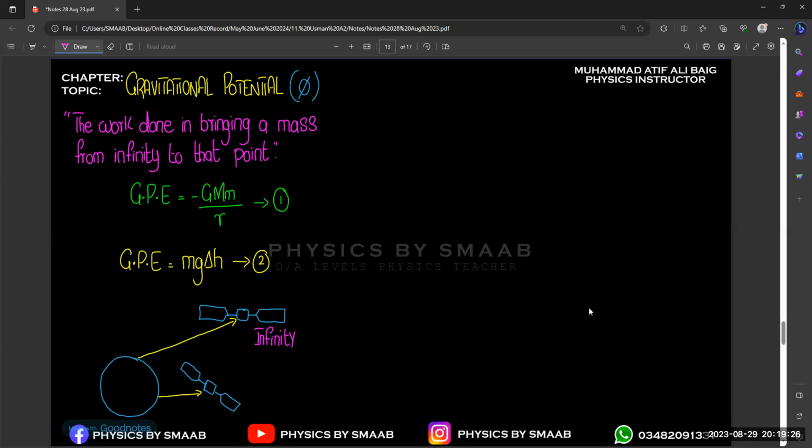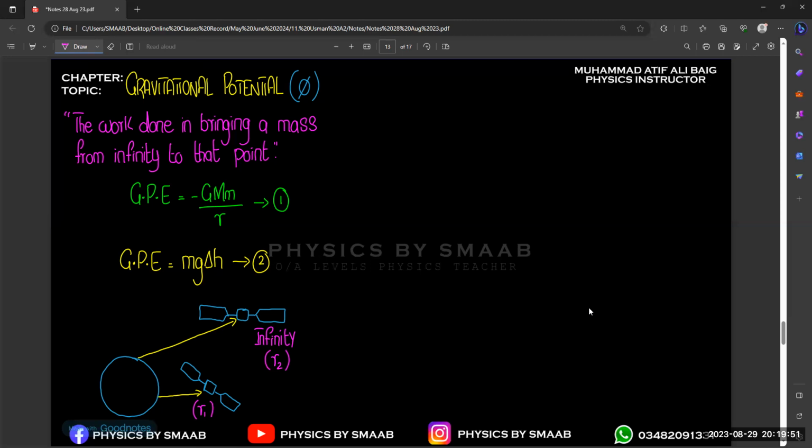And when the satellite is in the gravitational field, it is very close to the surface, right? So the distance at infinity will be r2 and the distance close to the planet will be r1.